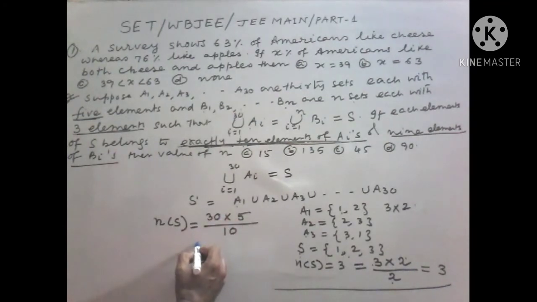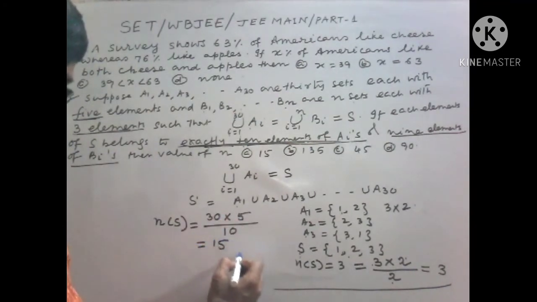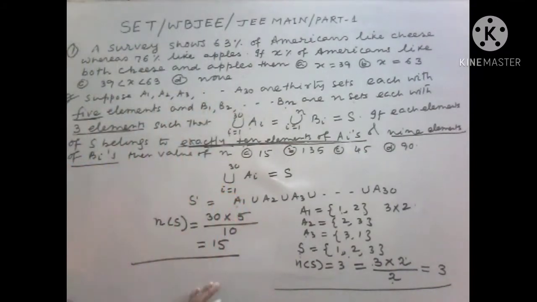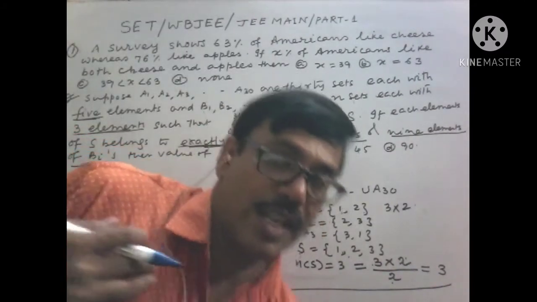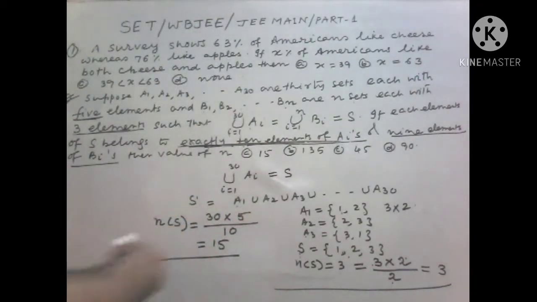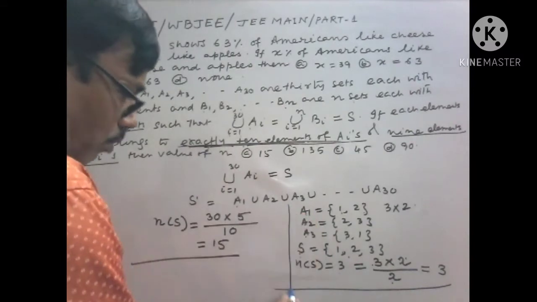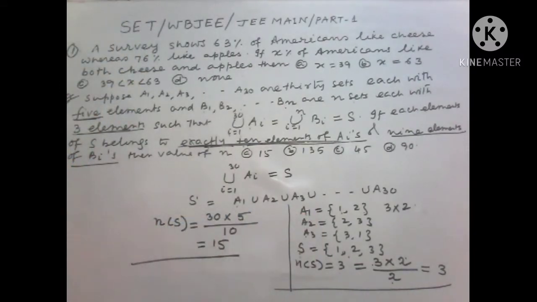So this is 15. So n(S) equals 15. This example is the miniature form and this is the general form.